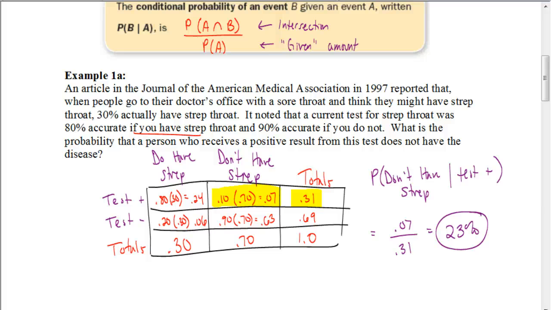That happens 7% of the time from our table. The denominator is the probability that they test positive. From our total, we can see that they test positive 31% of the time, or 0.31. Divide those, and you get your percent chance of that happening, which is 23%.